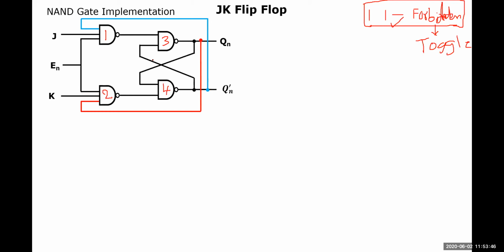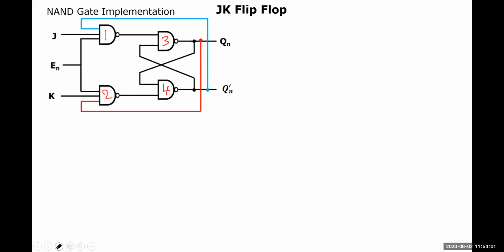Here, let us examine. Here also we have 4 different types of operations or combinations. You need to recall the activity of the NAND gate. The NAND gate has input 1, input 2, followed by the result. How will the result be?